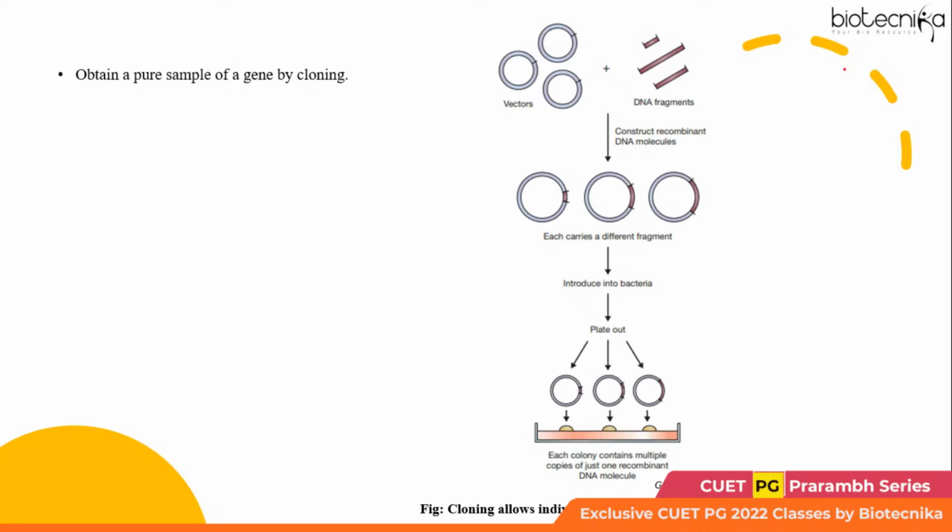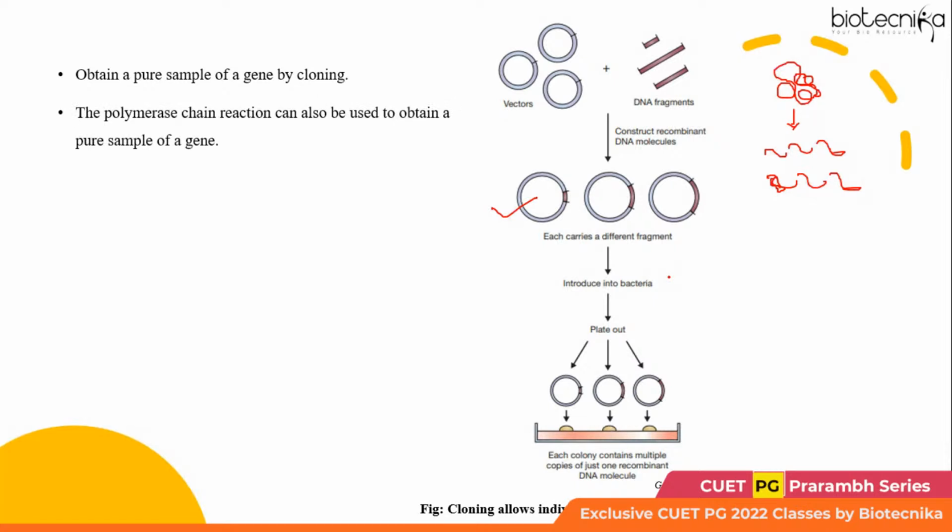As I mentioned earlier, we can isolate the total genomic DNA and break it into fragments, and the fragment carrying your gene of interest you can introduce into a vector, and that vector will carry your gene of interest and insert into the host cell, right? But I told you that we can get a pure sample of a gene by using polymerase chain reaction also, right? And PCR can be completed in a few hours, whereas it takes weeks to obtain a gene by cloning. So why are we still performing gene cloning?